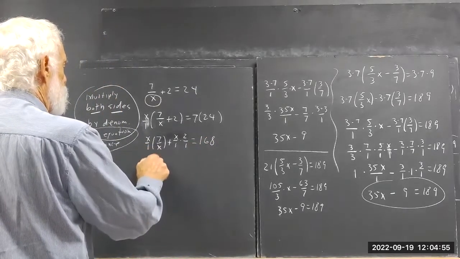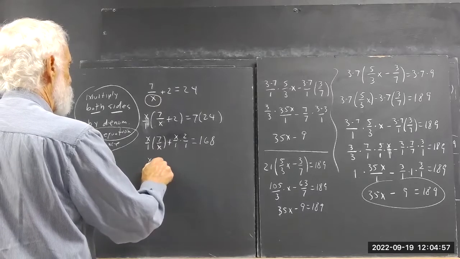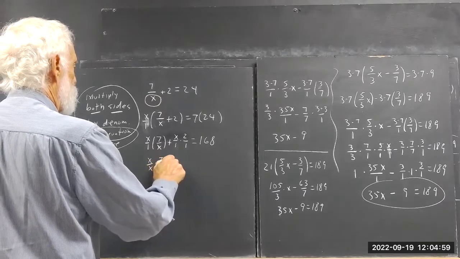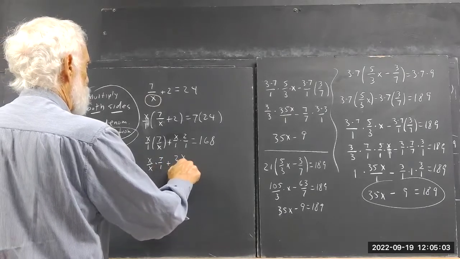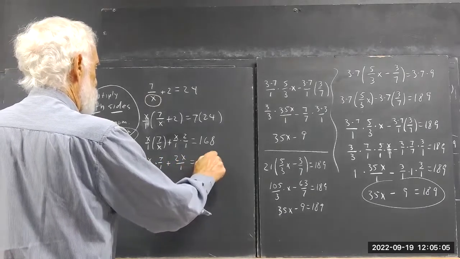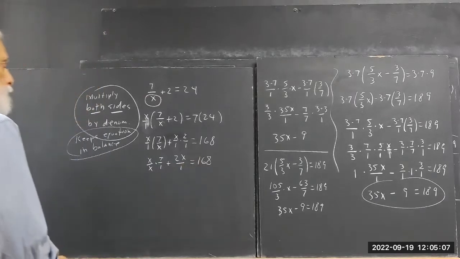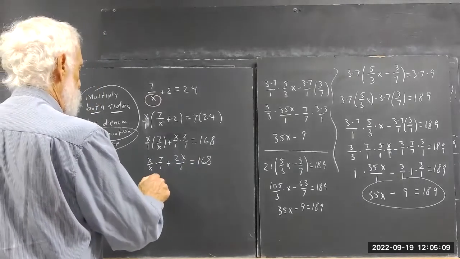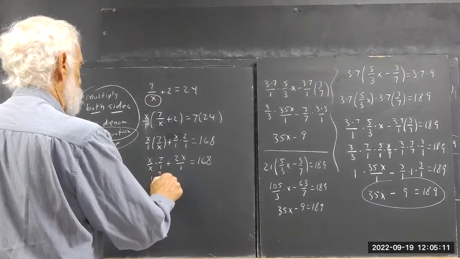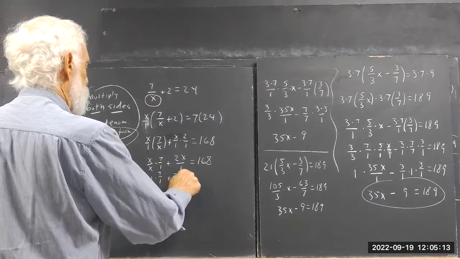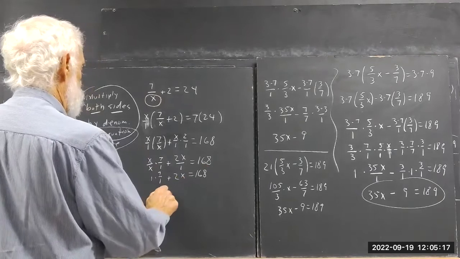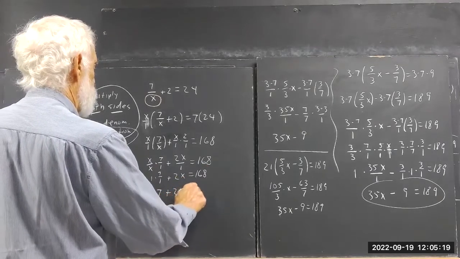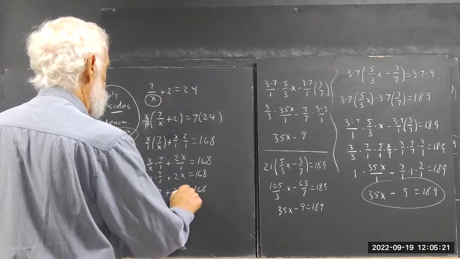Well, this can be written as x over x times 7 over 1 plus 2x over 1 equals 168. And this is clearly 1 times 7 over 1 plus 2x equals 168. So we have 7 plus 2x equals 168, etc.